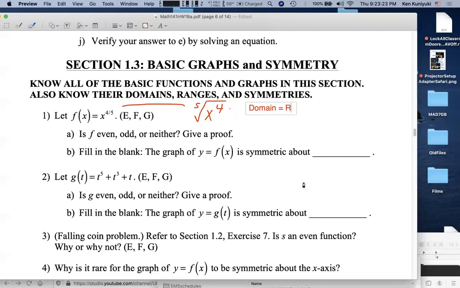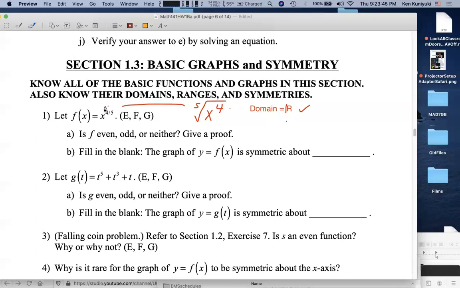Domain is all reals. So that's the first thing, right? Remember, in order for a function to be even or odd, the domain has to be symmetric about 0. Here, that is the case. So it has a chance of being even or odd.